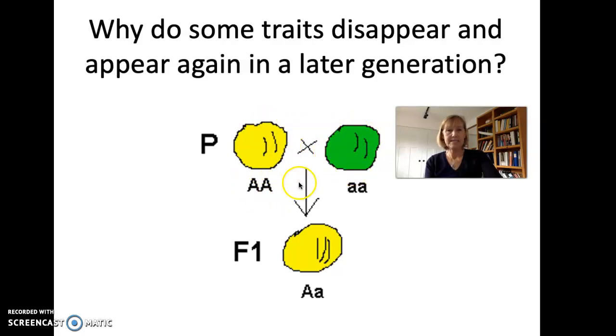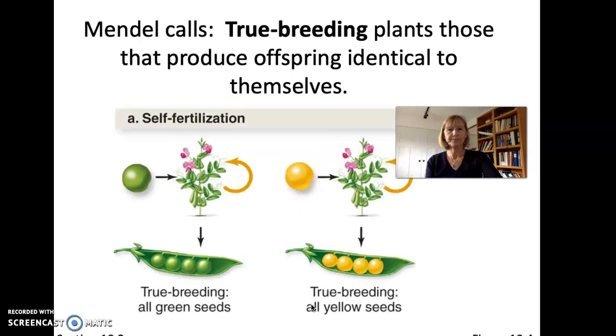But Mendel wasn't seeing what we now give little letters to understand what's going on. If every single individual inherited one from mom and one from dad here, all of them were going to have at least one big A, making them all yellow. And this is what was so weird to him. It's like, what? Half of them surely should have been green.